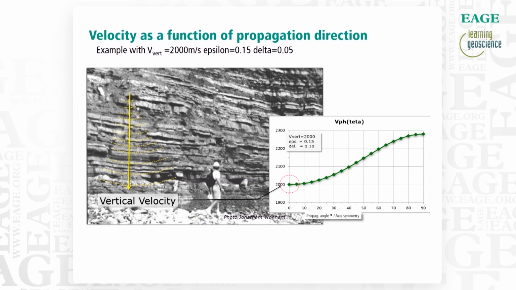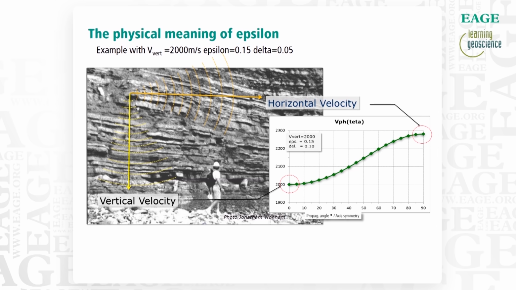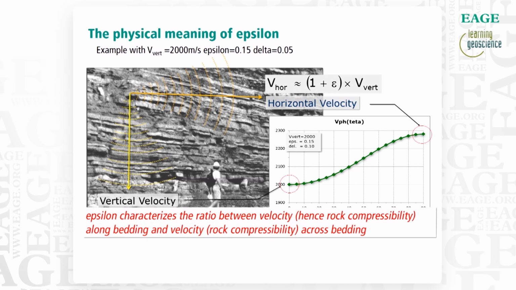And you see on the left of the curve the value of the velocity for vertical propagation, and the value of the velocity for horizontal propagation. You see again this equation that the horizontal velocity is 1 plus epsilon times v vertical.